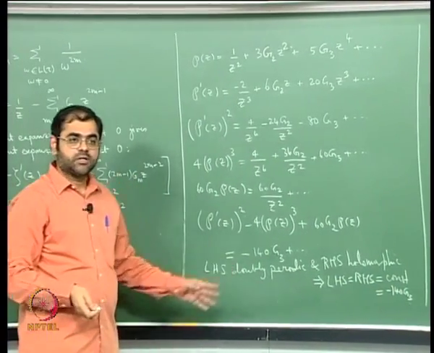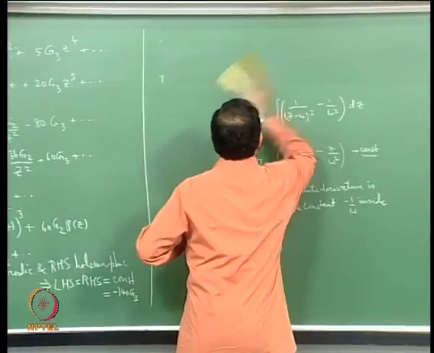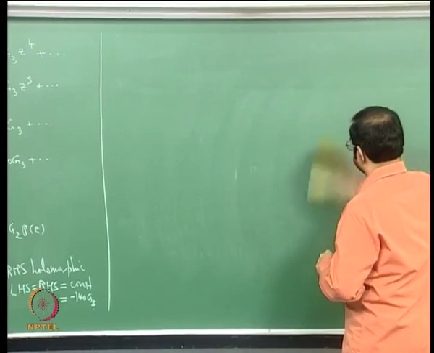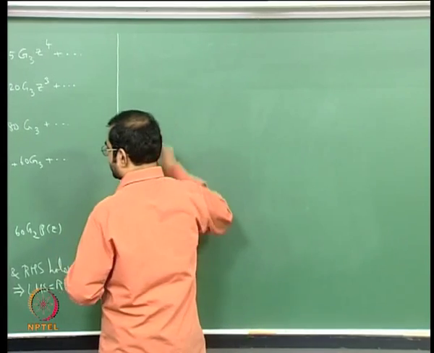So what is the upshot of this? The upshot of this is that we have the following differential equation, which is what we wanted to prove. The Weierstrass p function satisfies the following differential equation.